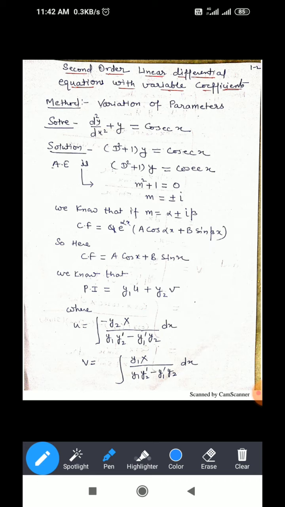So student, now we calculate the value of u and the value of v, and after that I will put the values of u and v in the particular integral.